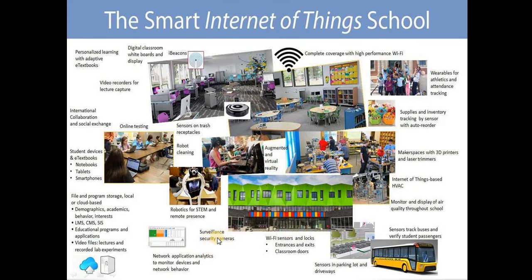Next up is surveillance security cameras, robot cleaning, augmented and virtual reality, sensors on trash receptacles, online testing, video recorders for lecture capture, student devices and e-textbooks. This includes notebooks, tablets, smartphones. This project is implemented by IoT, that is the Smart Internet of Things School. Here, IoT is implemented to make school smart.